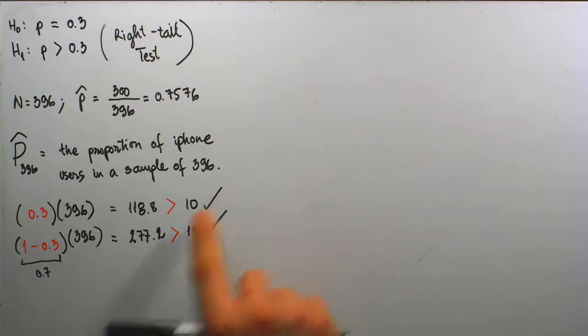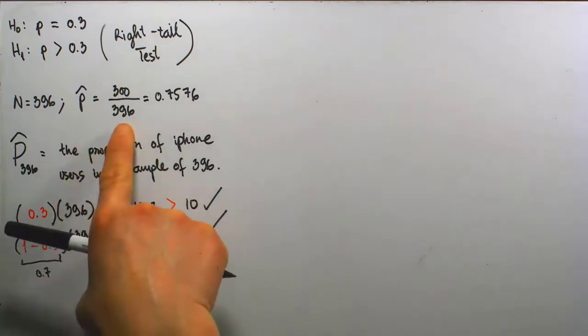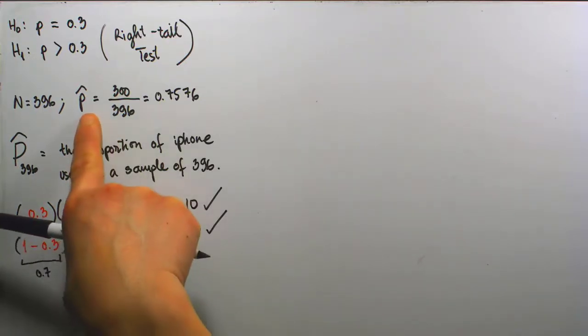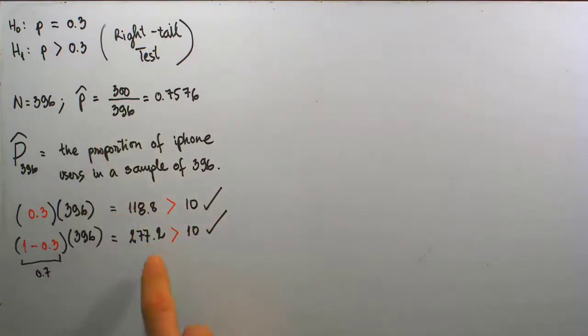As long as we pass these two requirements, that tells us that the sample we use here can be used further into the testing. So again, I repeat, passing the two requirements tells us that the sample we use here is a legitimate sample. It's a good sample that we can use to further proceed on our hypothesis testing problem.